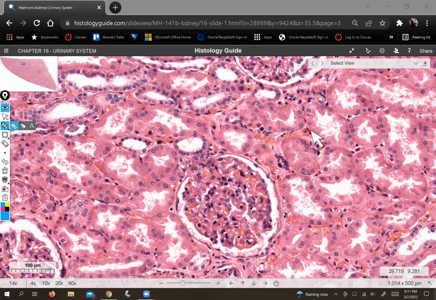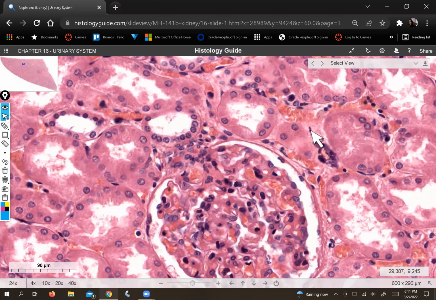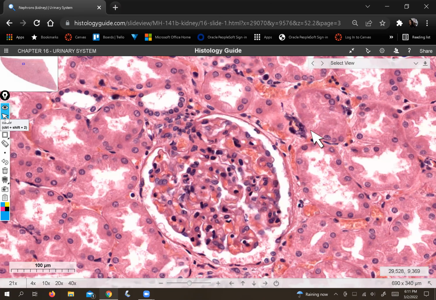So the question that I was answering was about the juxtaglomerular apparatus and the macula densa. So that is visible in this picture. Let me zoom in on it a little bit, and I will help you understand what we're looking at here.